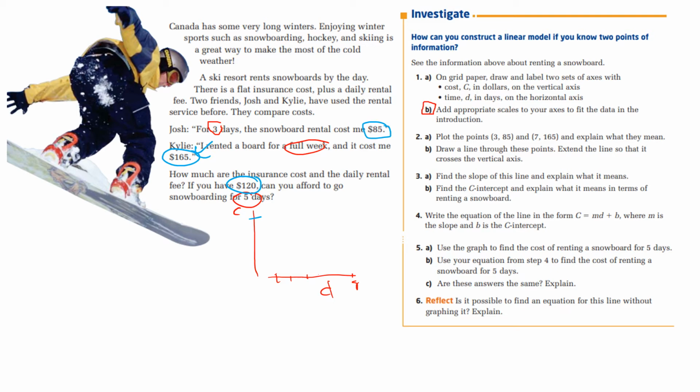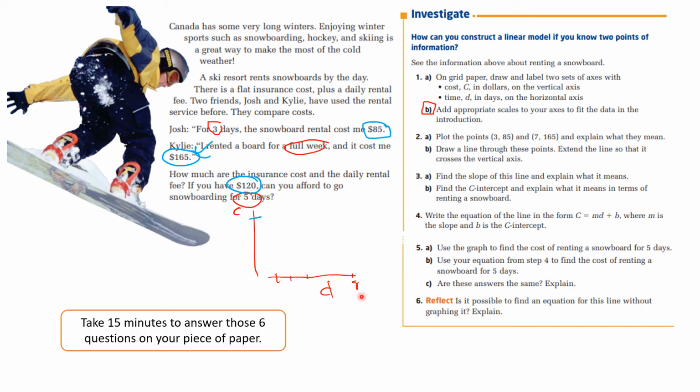So what I'm going to do now is you've got all these questions here, 1 through 6 to do. And if we were in class right now, I would just stop talking and I would have you work on these questions alone. And then I would give you 15 minutes for this. And then when you're done, we would take up all the answers. So right now, I want you to do that.